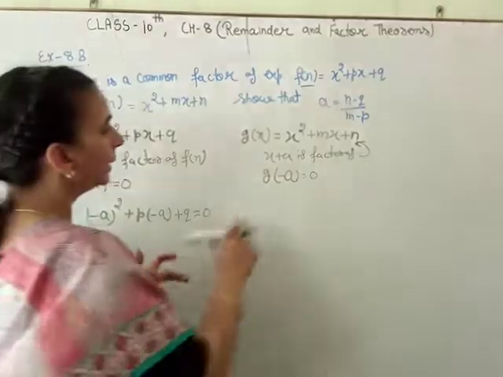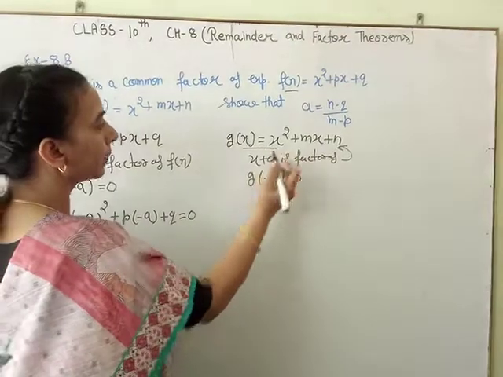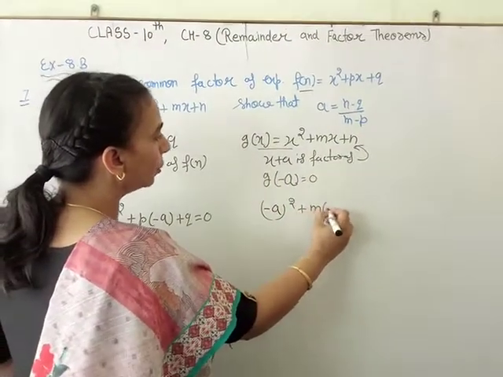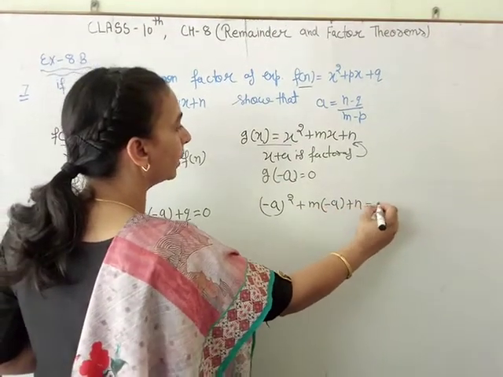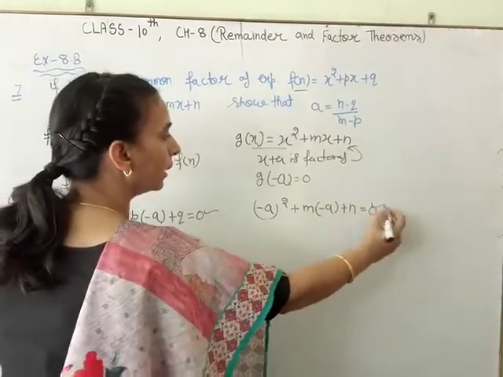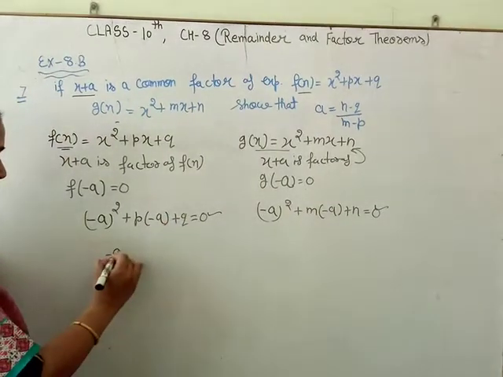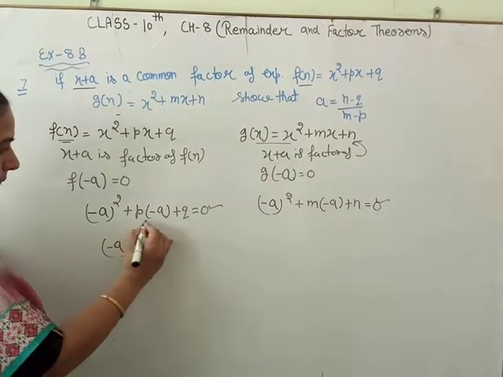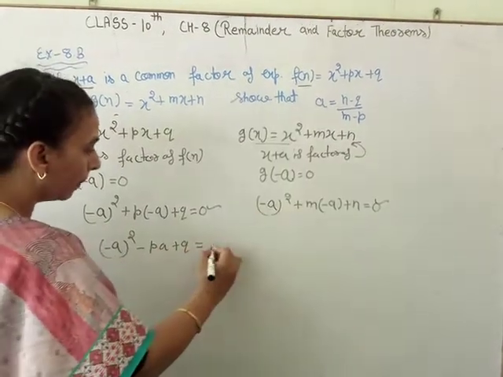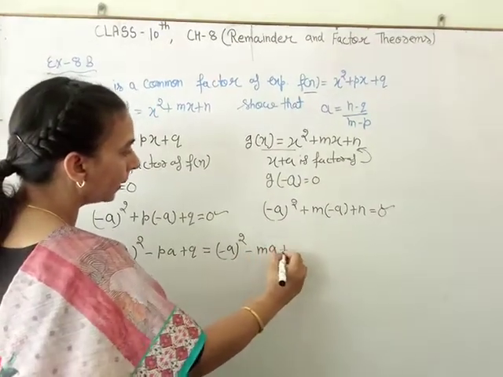Same for g of minus a equals 0: put minus a in place of x in this expression, then minus a square plus m into minus a plus n equals 0. This equals 0 and this equals 0, so this expression equals this expression: minus a square minus pa plus q equals minus a square minus ma plus n.